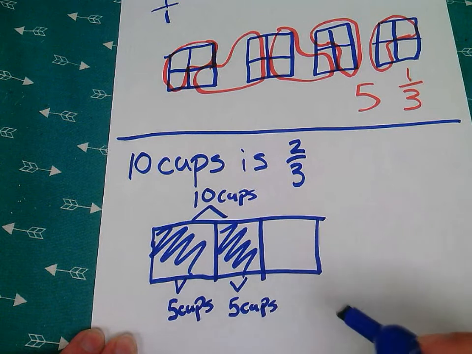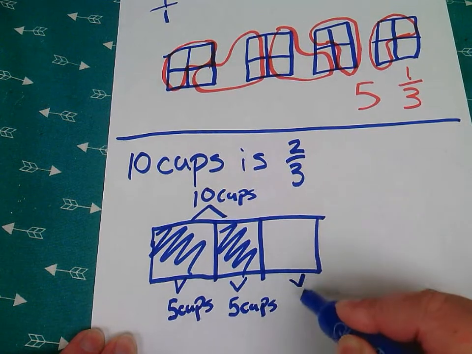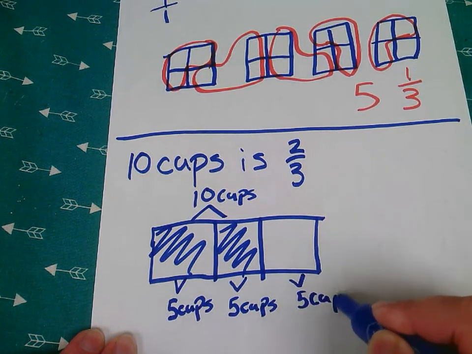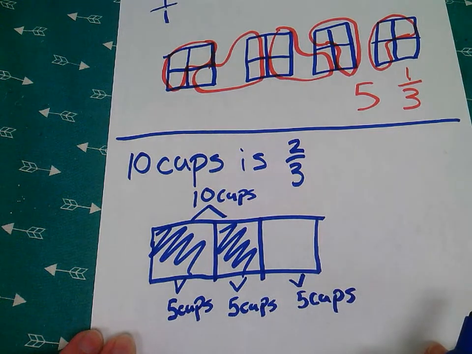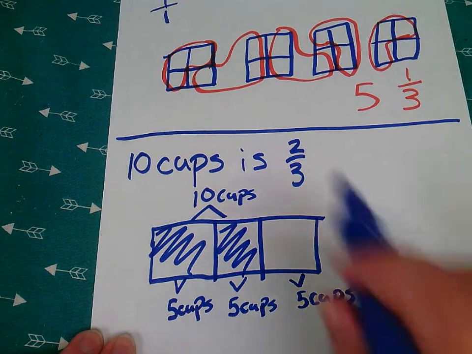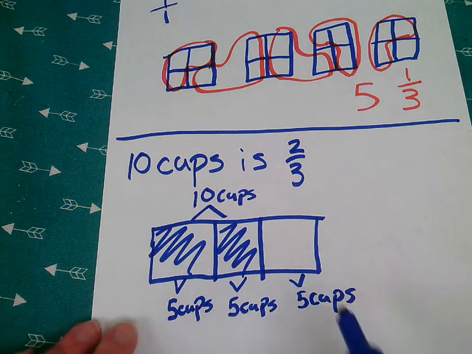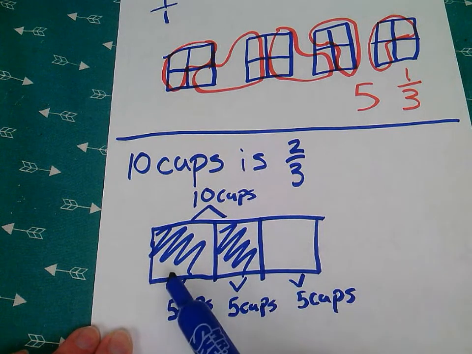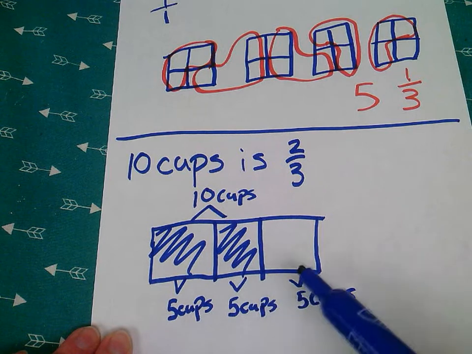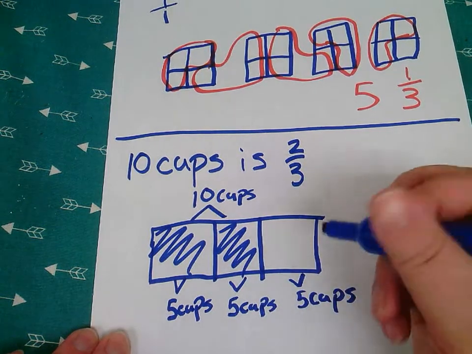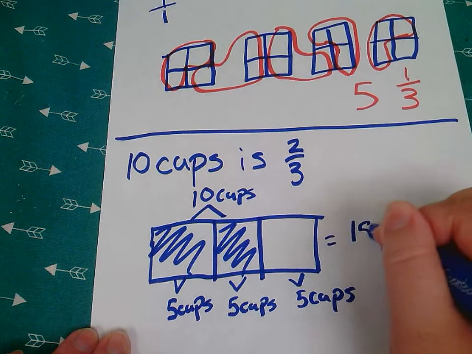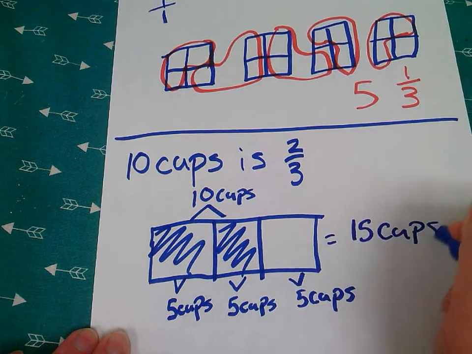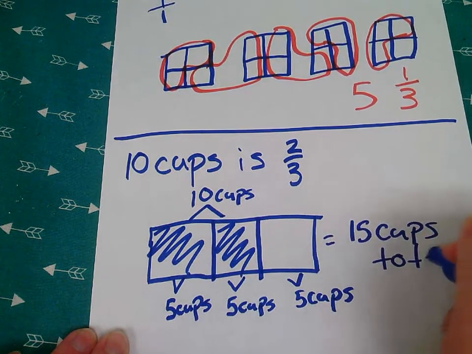And if these two are each 5 cups, this has to be 5 cups. So if I wanted to know what 3/3 was, or how much was there originally, I could go 5 plus 5 plus 5. There is 15 cups total.